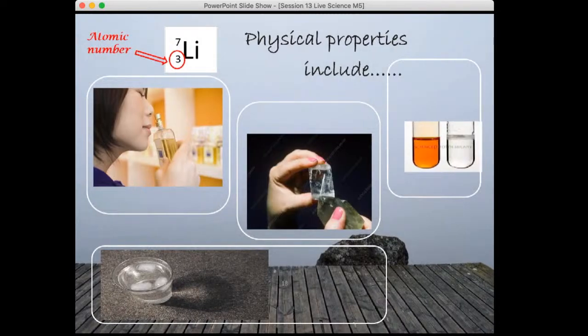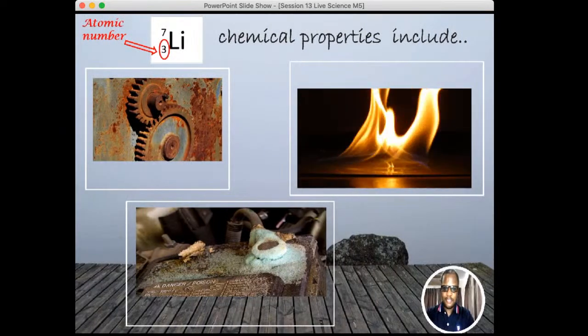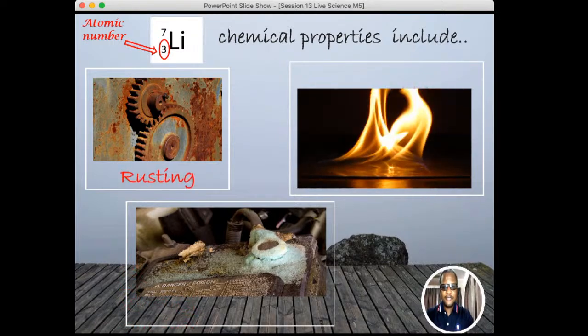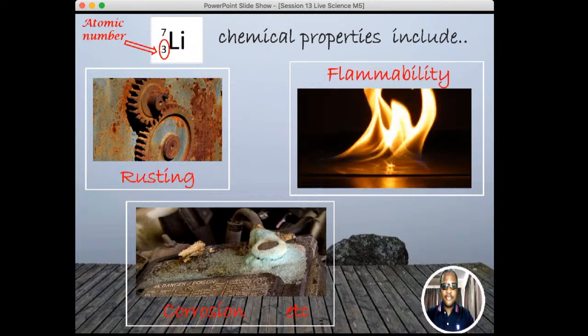Some physical properties may include smell, how a compound smells, color, the color of a material, hardness, how hard something is, the melting point, and so on. Some chemical properties include rusting, flammability, and corrosion.